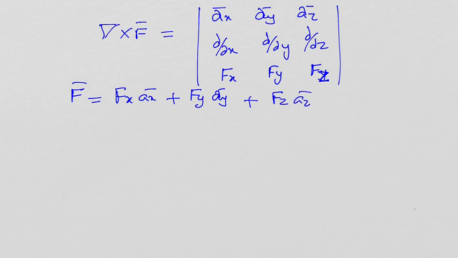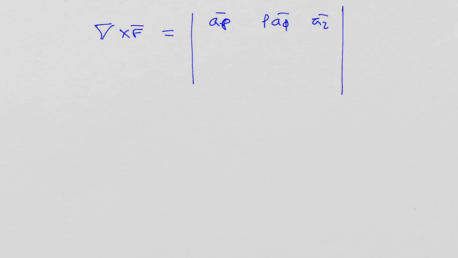Cartesian coordinate system. Similarly, del cross F in the cylindrical coordinate system has A rho, A phi and A z. Three primary axes: rate of change of the vector field component along rho, rate of change of the component along phi, rate of change of the vector component along z axis.